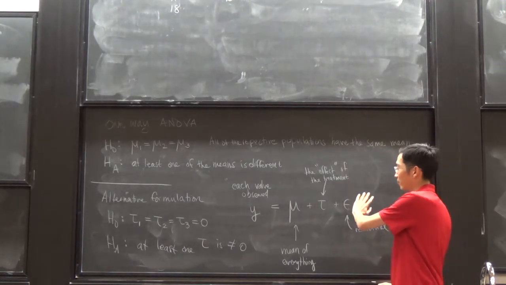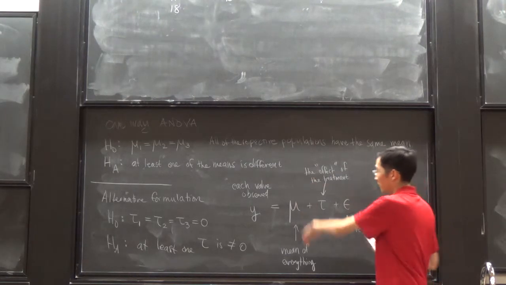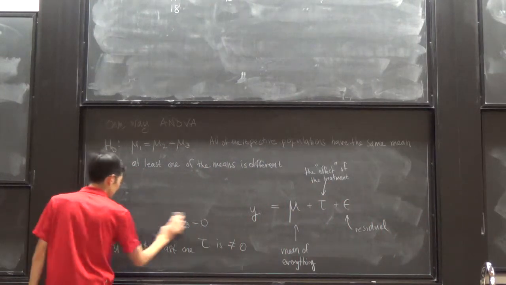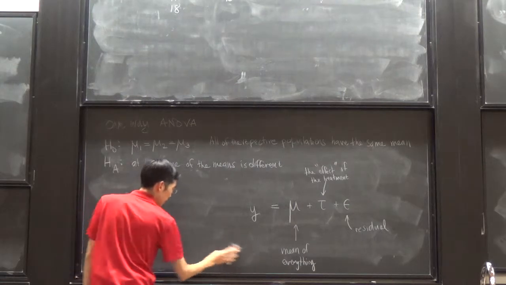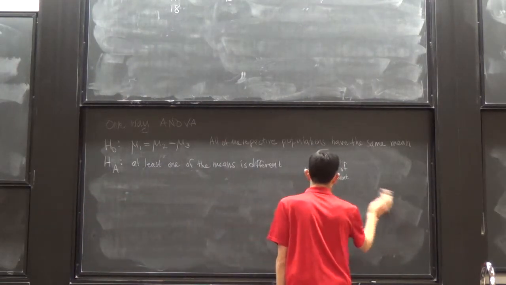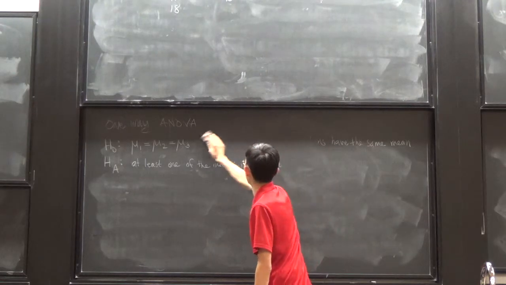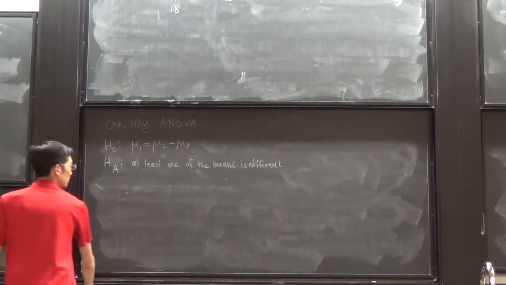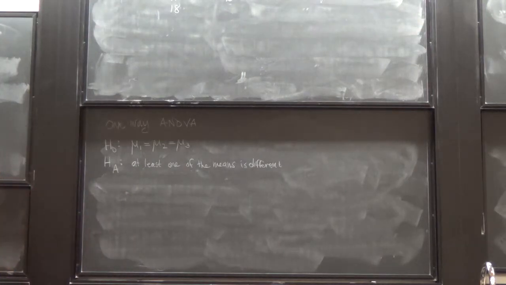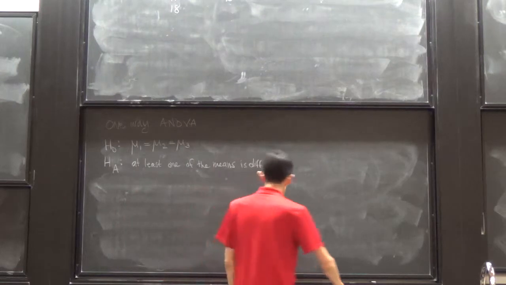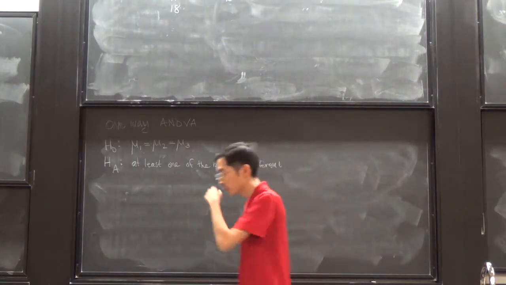So we'll start off with all the mu's are the same, or at least one of the means is different.